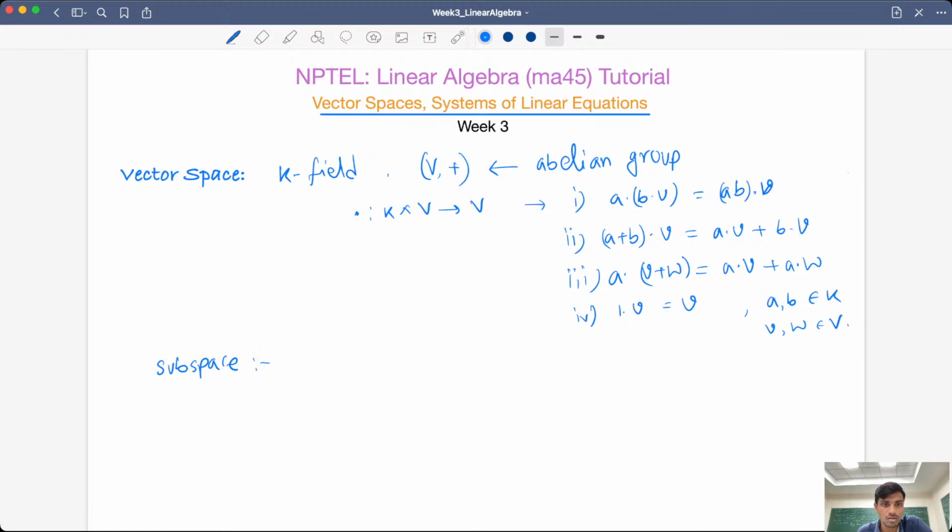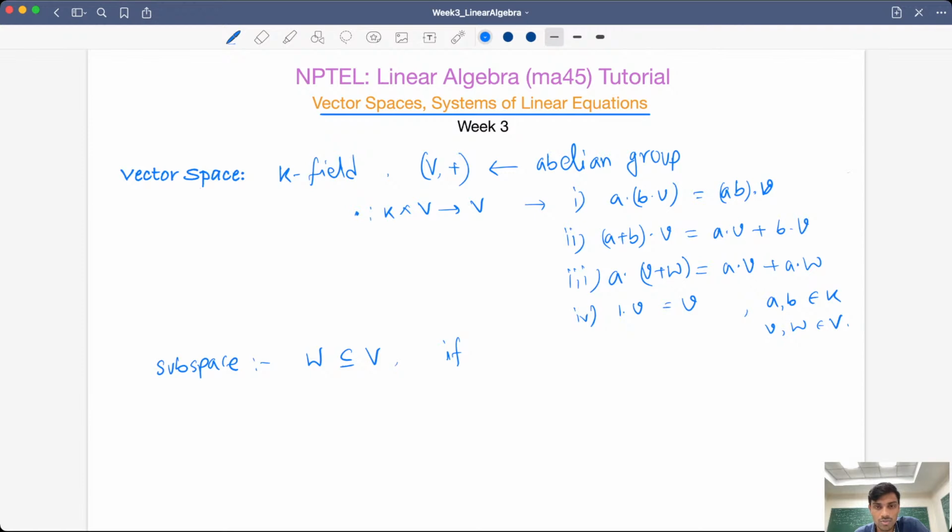Now recall the subspace. A subset W of a vector space V is a subspace if two conditions are satisfied: W is closed under plus, that means it is a subgroup of (V, +), and the dot condition is also satisfied.